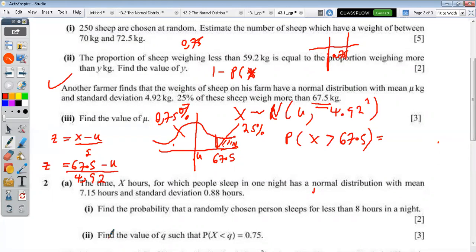Who can tell us what they have found? We want 0.75.